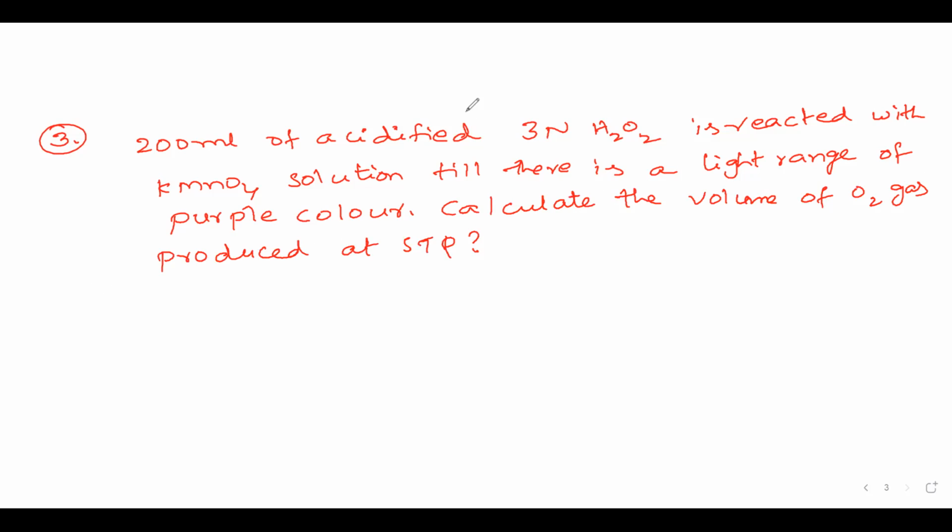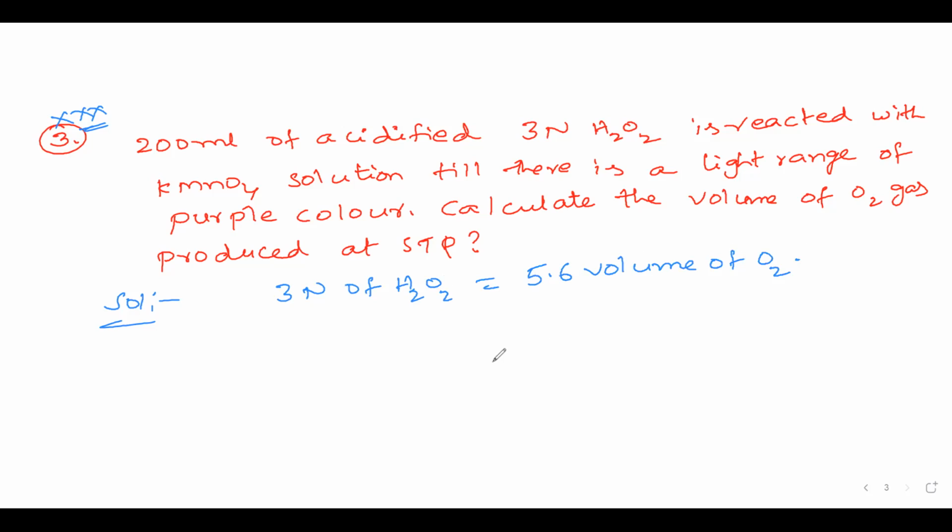So for this, I'm writing the solution here. Please make a note. Very, very important model. Not only for JEE Main, they give it for JEE Advanced. So first, from the given equation, we can say 1 normality of hydrogen peroxide is equal to 5.6 volume of oxygen gas, because when normality is given, oxygen is 5.6 liters.